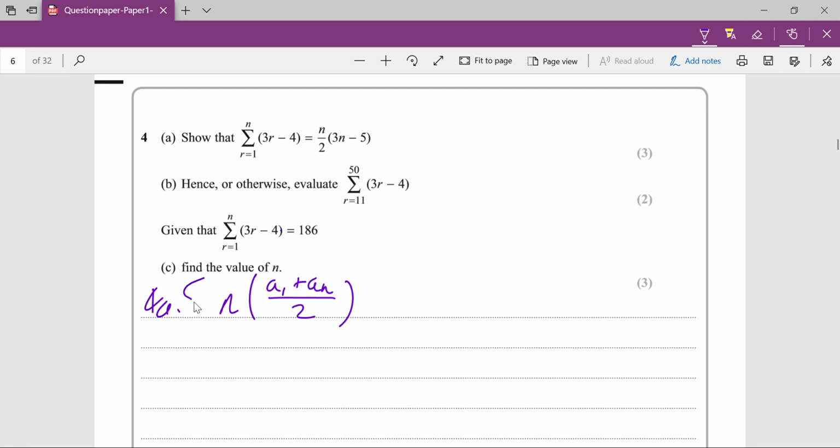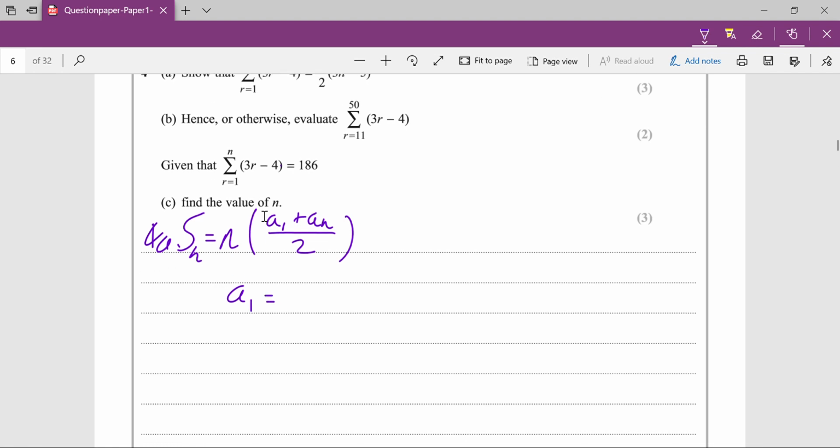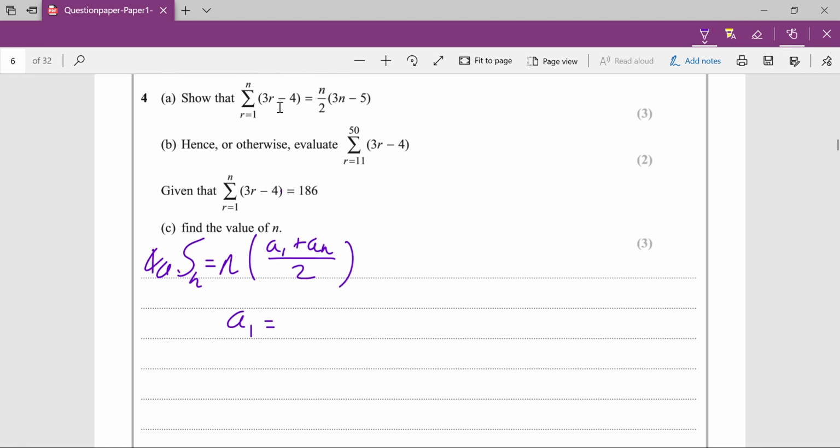So the sum to n is equal to n times (a1 plus an) over 2, and of course a1 is equal to, well, where r is 1, 3 times 1 minus 4, which is equal to 3 minus 4, which is equal to -1, and an would be equal to 3n minus 4.